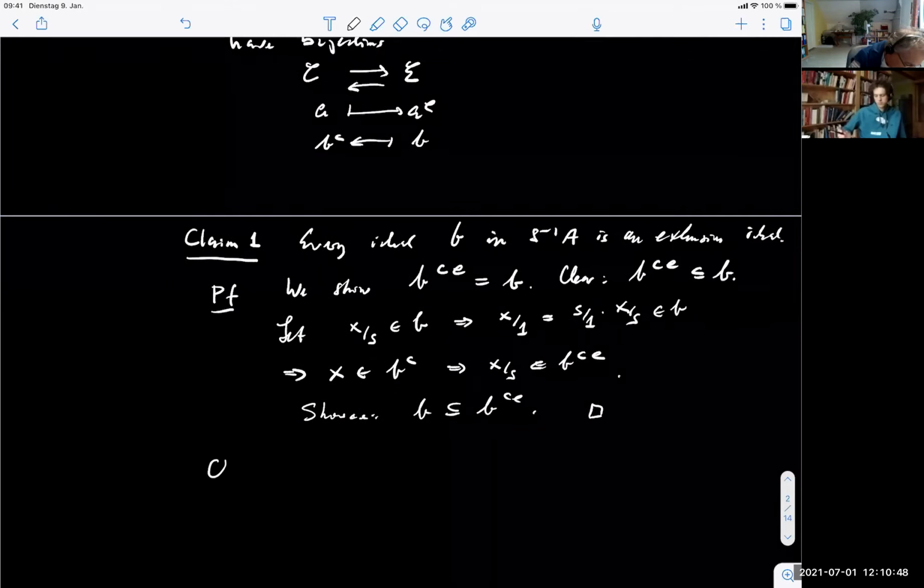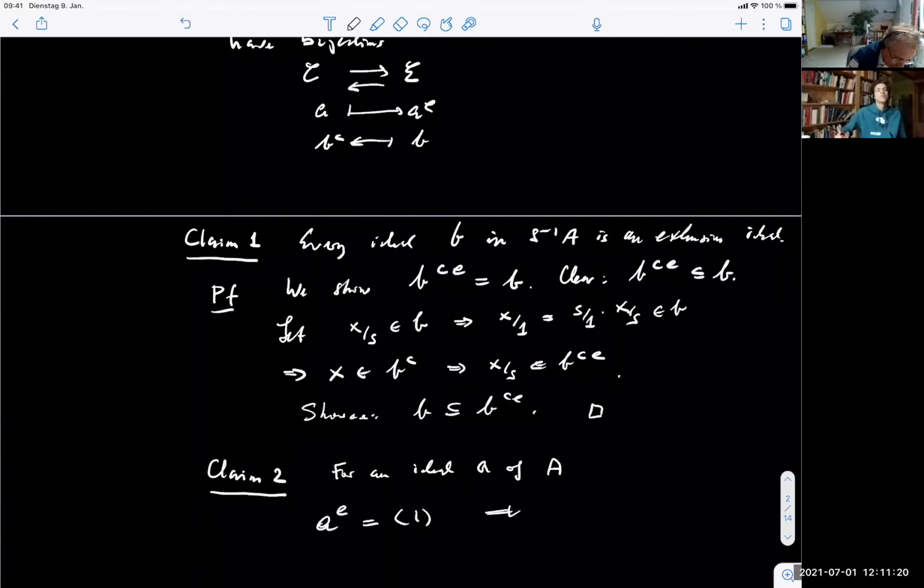Okay, then I have a claim 2, which is a little bit technical. I can't help it. Actually, claim 2 is not that bad. It's just an intermediate step. Let's first do this claim 2 before I describe the contraction ideals. So for an ideal A of A, I'm wondering now for which ideal, when I extend, do I get everything?